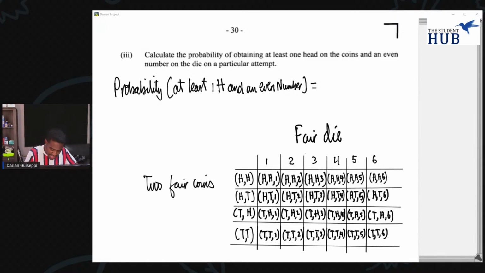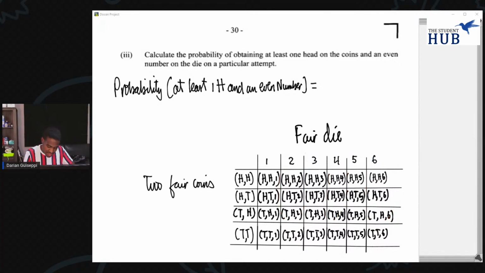So you would be looking at this portion up here. You wouldn't be looking at this row at all, for sure. But you need to look at the even figures, so it would be this here, and this here, these three rows. Because it needs to be at least one head and even.